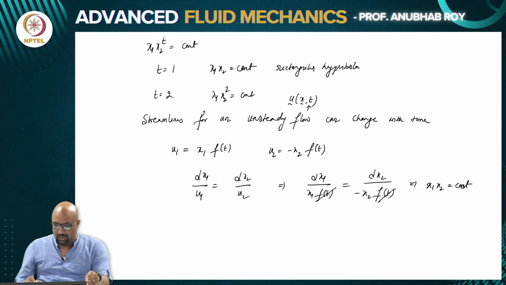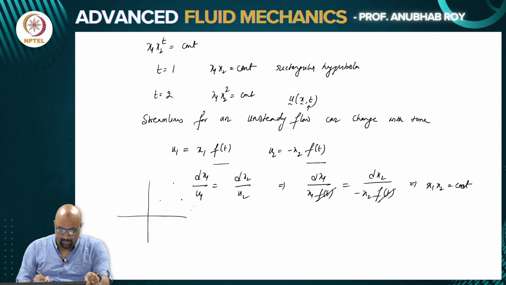Right? So, now you can ask the question, why is this the case? Why is the streamline pattern not changing even though the velocity field has some time dependence? What would be the reason? So, one way to see the reason is that if you plot the velocity field at some arbitrary points and draw the velocity field, let us say it looks something like this.